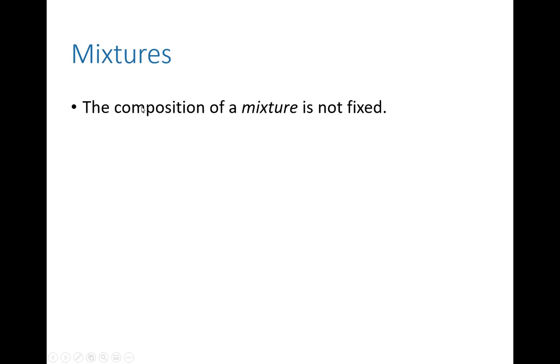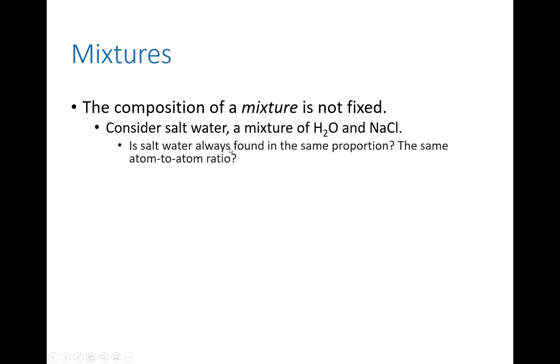Now, moving away from the pure substances, we're going to look at the mixtures. So the composition of a mixture is not fixed, in particular its ratio. So let's say we took salt water. Salt water is a mix of water, which is a compound, with sodium chloride, which is another compound. Is salt water always found in exactly the same proportion?